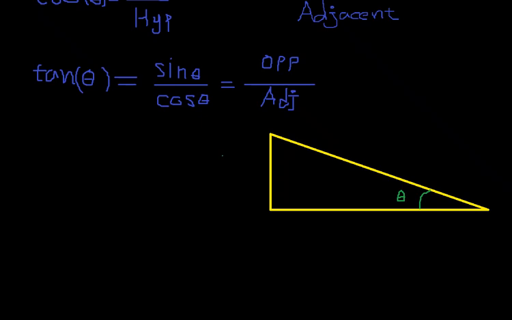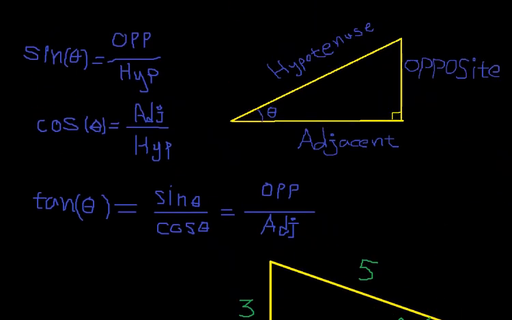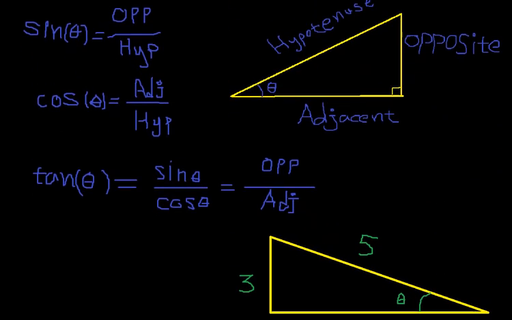Let's say this side is equal to 3, and this side, or hypotenuse better said, is 5. Let's calculate theta. Because 3 is opposite and 5 is the hypotenuse, based on the formula we would say 3 over 5.